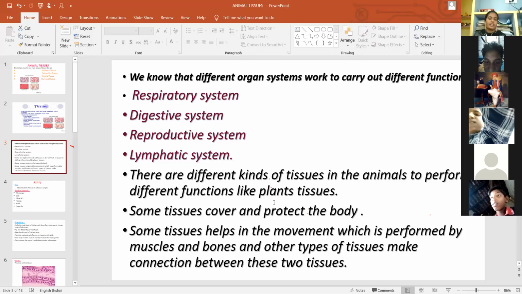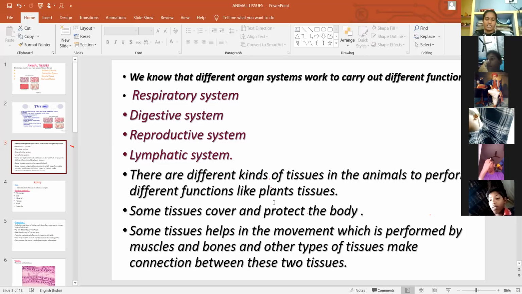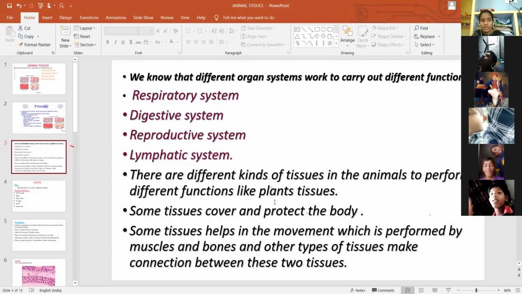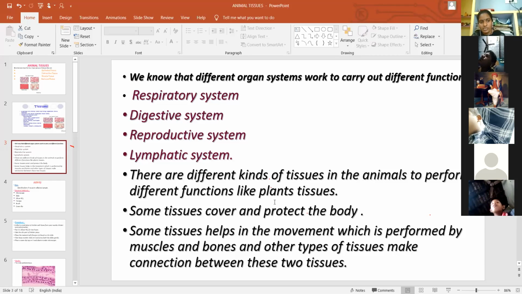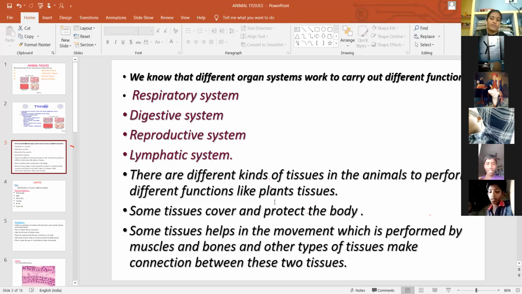There are different kinds of tissues in animals to perform different functions, like plant tissues. Plants contain different types of tissues, and they perform different functions.